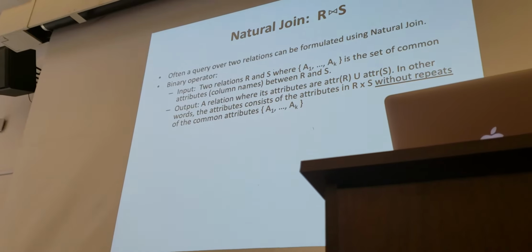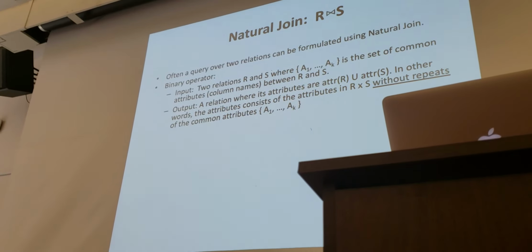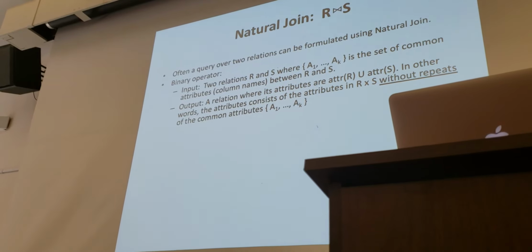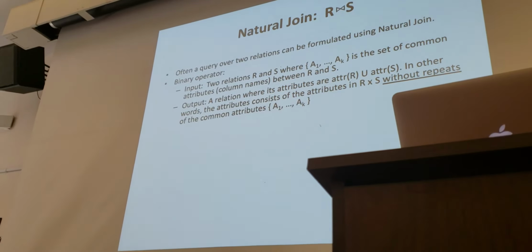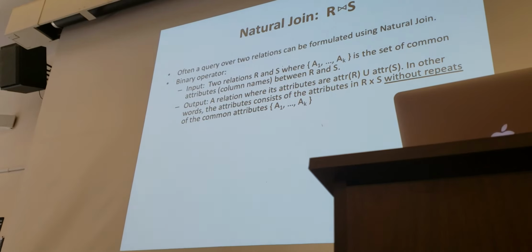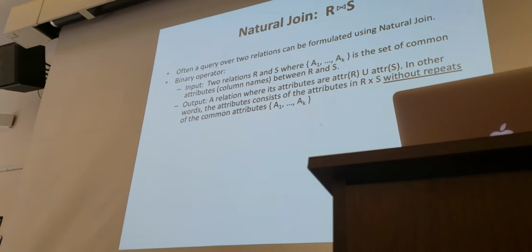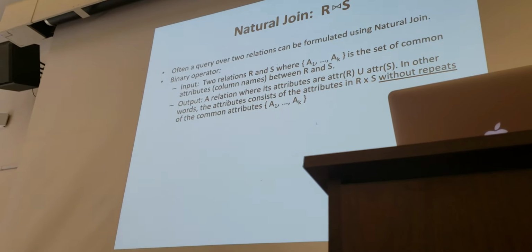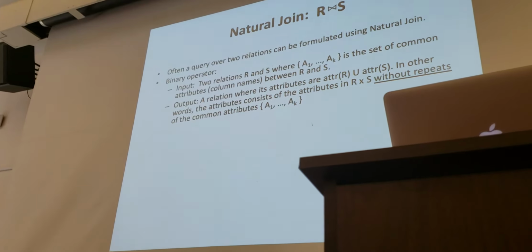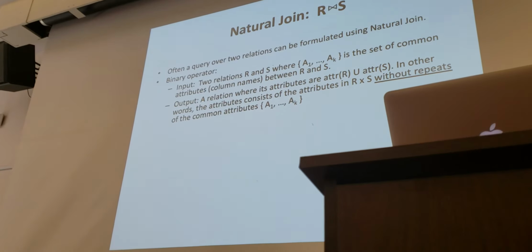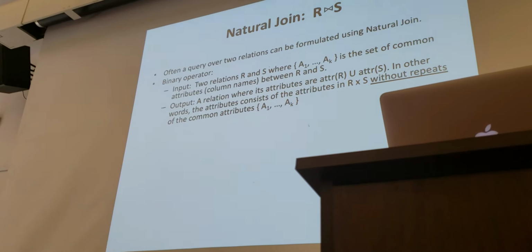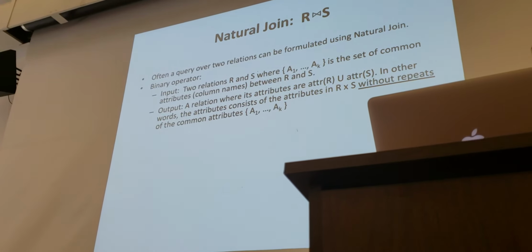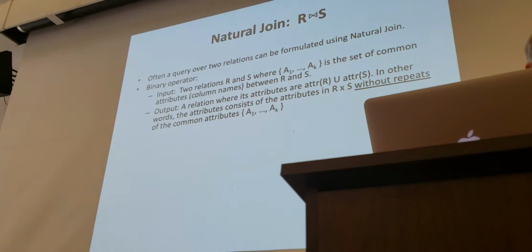You have 2 relations, R and S, and here I'm writing A1 through AK as the attributes that appear in both R and S. For example, if you have 2 tables that you're joining together and both of them have exchange ID and symbol, you might be tempted to say, I want the exchange IDs to be equal and I want the symbols to be equal.